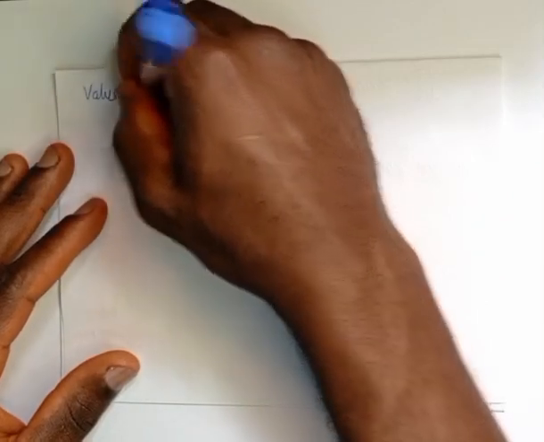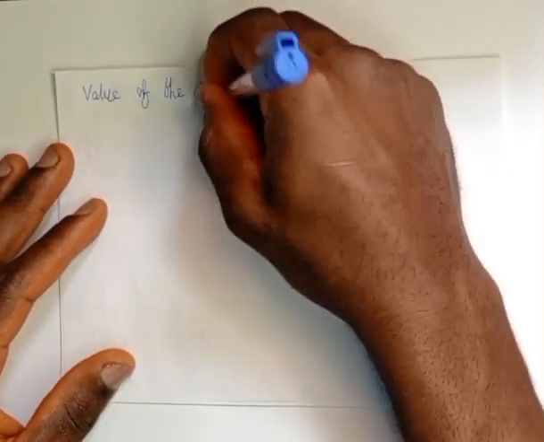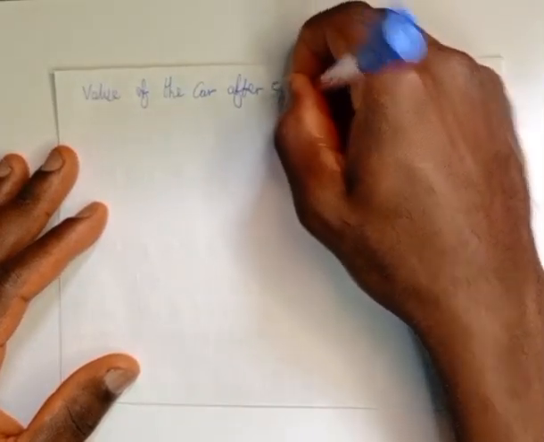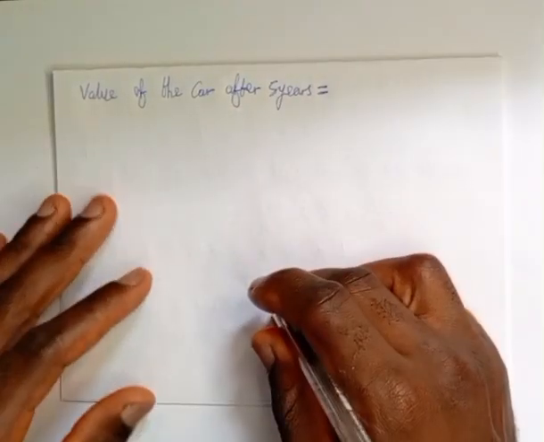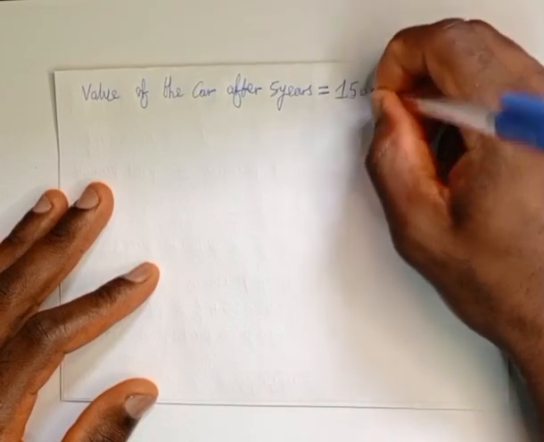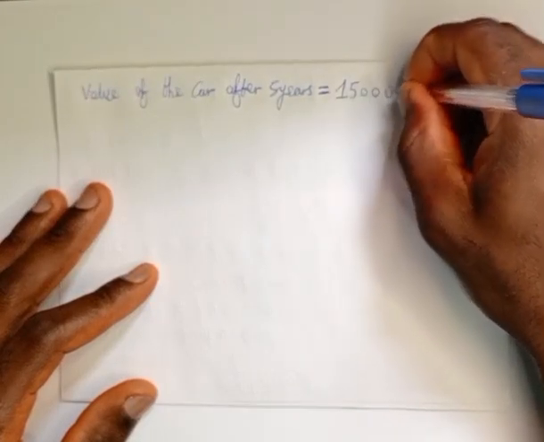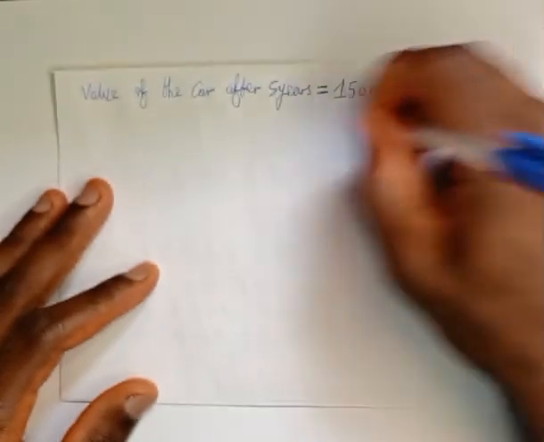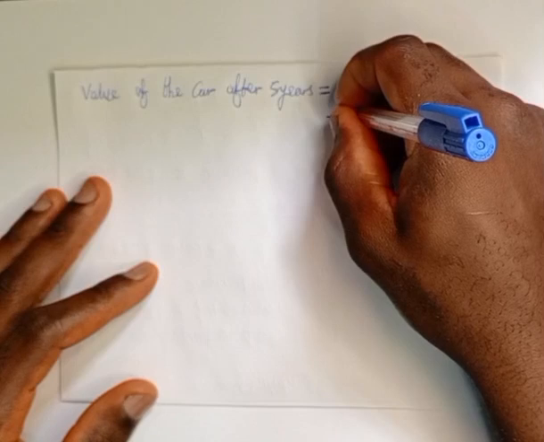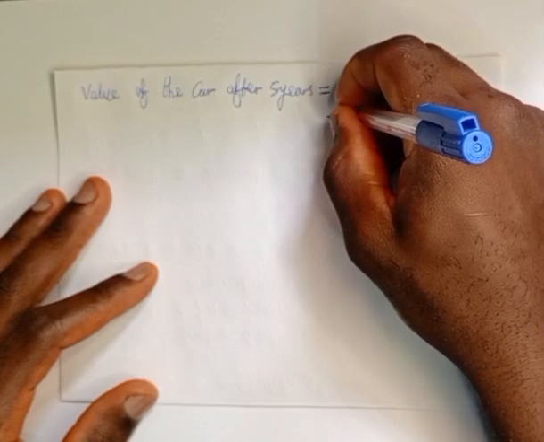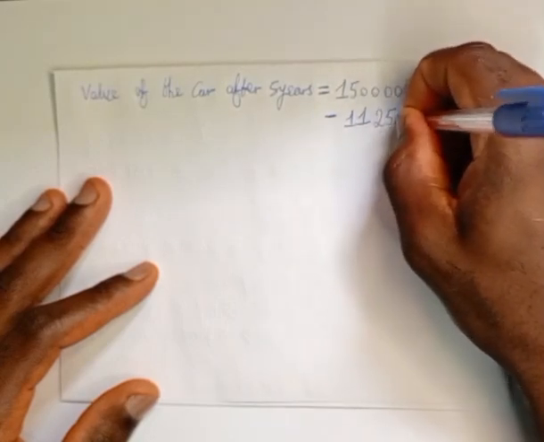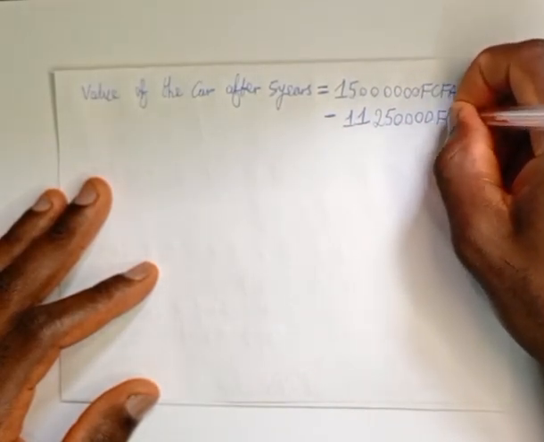Value of the car after 5 years will simply be equal to, we are going to take the original price of the car at the beginning, which is 15 million francs CFA, minus the depreciation of the car after 5 years. That is the loss in value of the car after 5 years, which is 11,250,000 francs CFA.